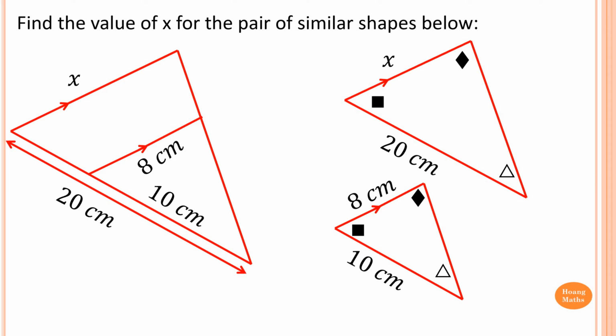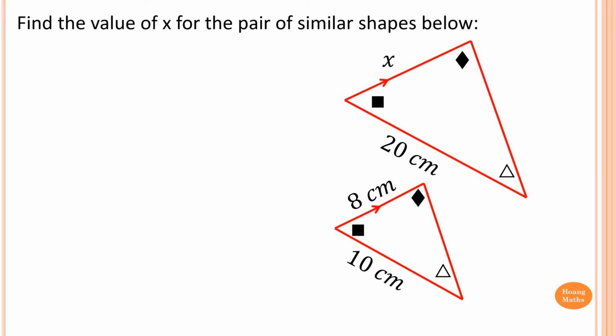You draw the larger one, and then you draw the smaller one out, so you can see. This angle here is these two angles here, this angle here is these two, and this is the common angle. And then you can just find the matching sides.